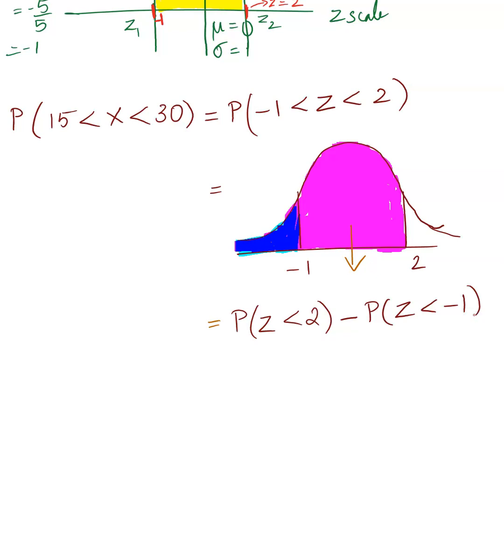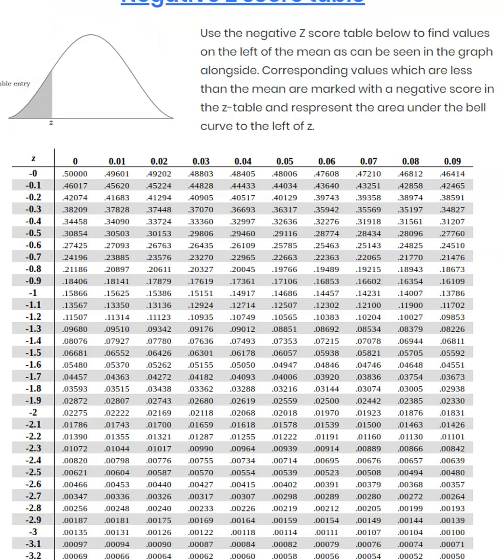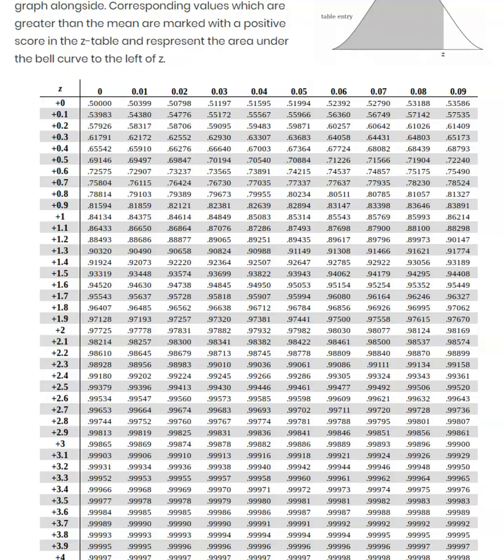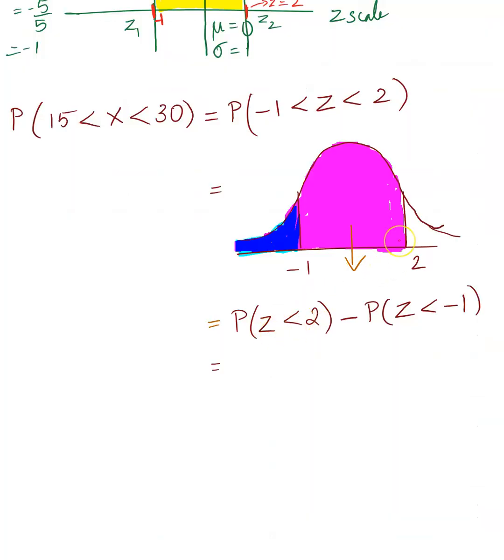Because less than means to the left of. So if I took my table value and went to z equals 2, that's the larger area, because it's on the right. So the larger area minus the smaller area gives me just the pink part without the blue. That's the desired portion between -1 and 2.